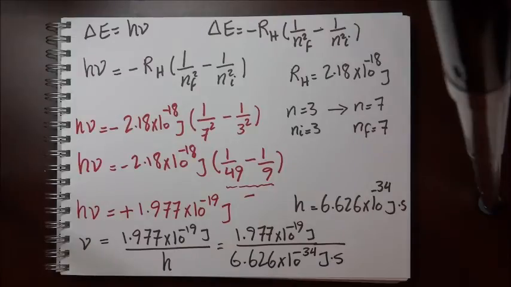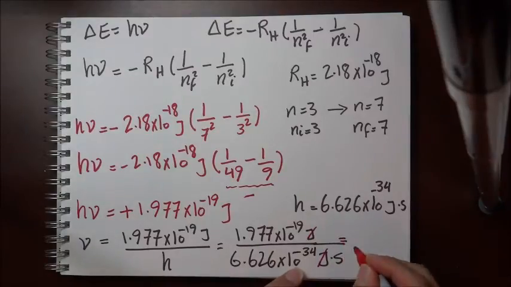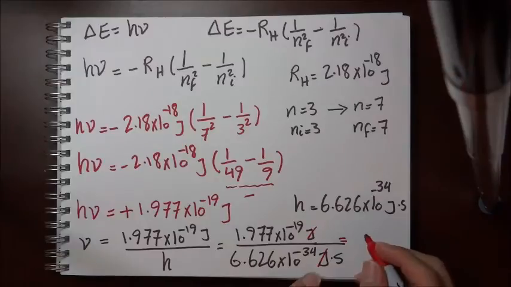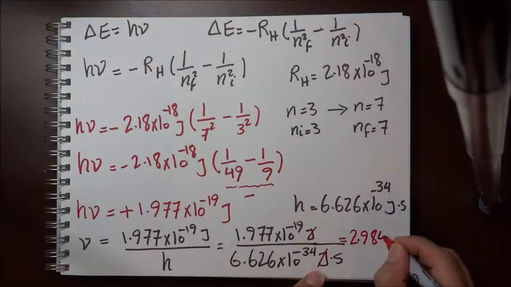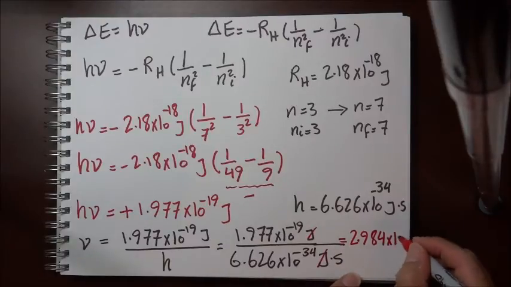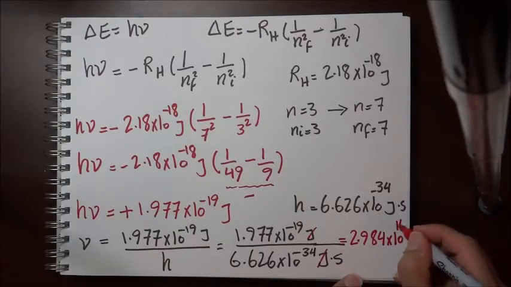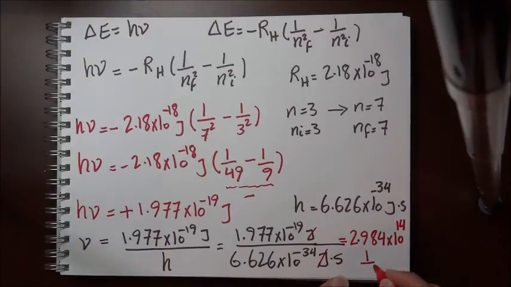You cancel joule by joule and you will get the unit of 1 over second. The answer is 2.984 multiplied 10 to the power of 14, unit 1 over second, or hertz.